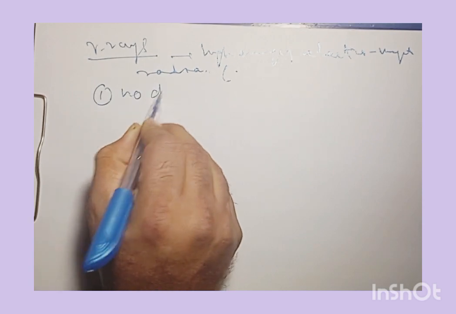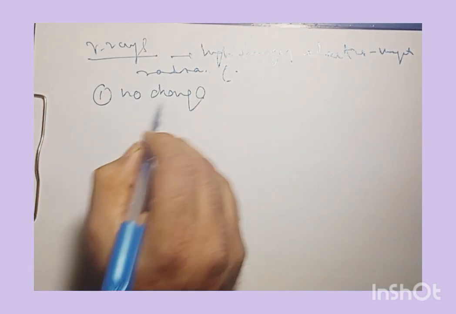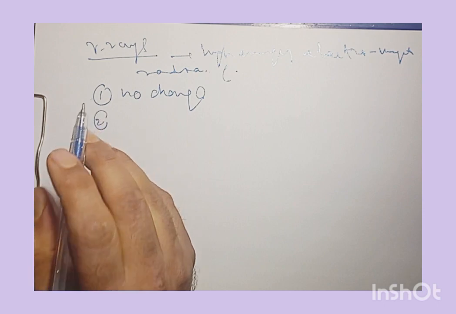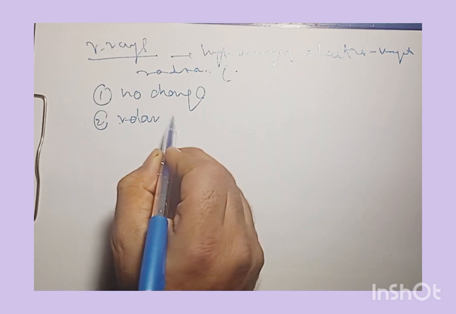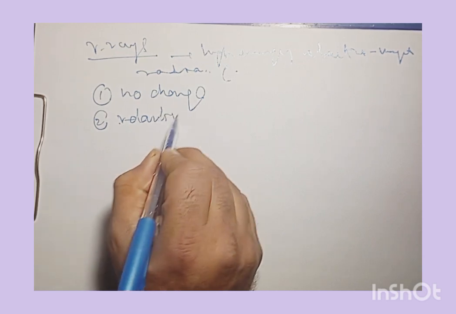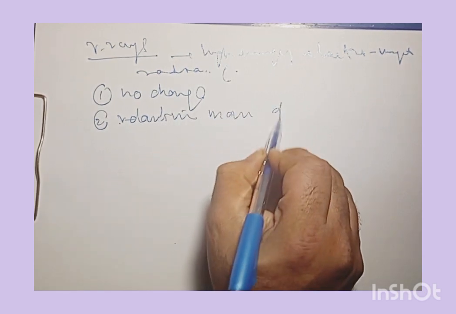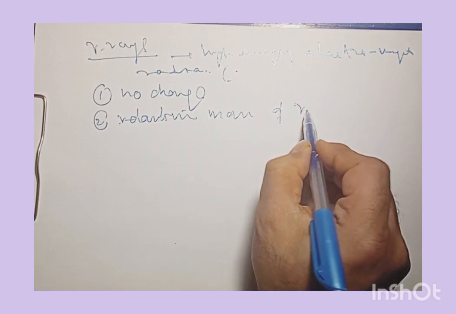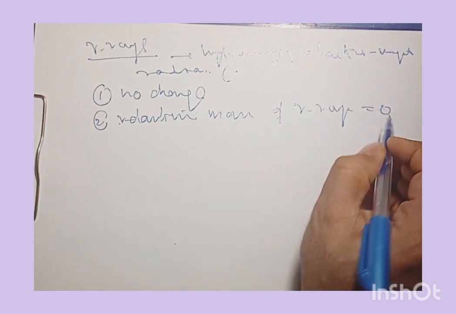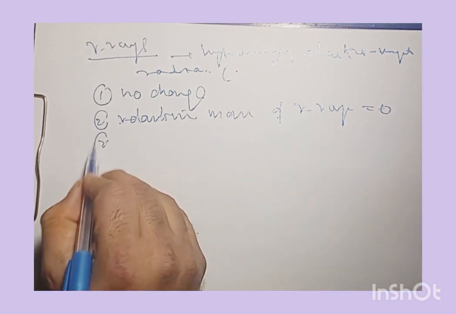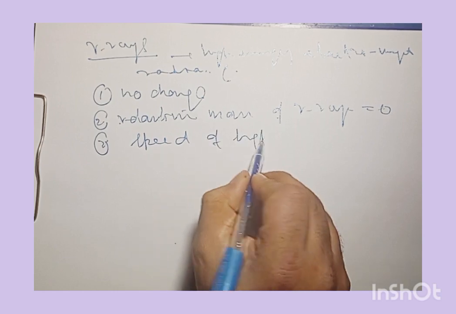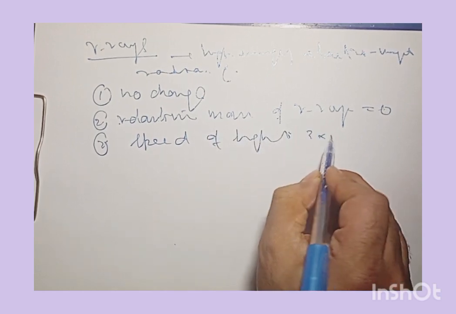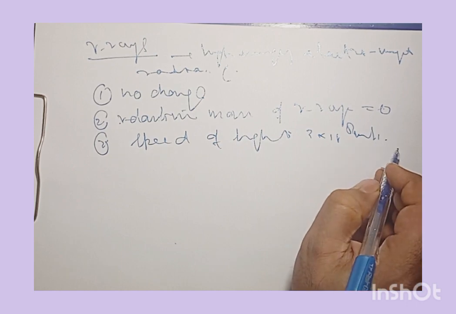They don't have any charge, and the relative mass of gamma rays is zero. They travel with the speed of light, which is 3 times 10 to the power of 8 meters per second.